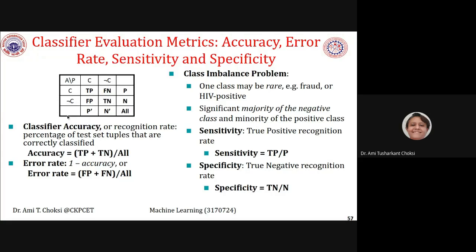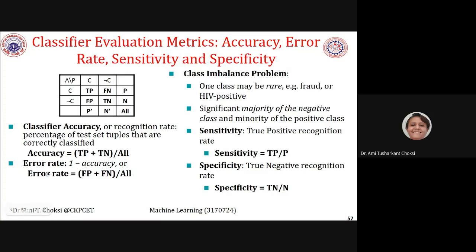Okay. Now based on that, we can find these parameters. They are accuracy, error rate, sensitivity, and specificity. So what is the classifier accuracy? It is the percentage of test set tuples that are correctly classified. For that, we can say TP plus TN upon all.